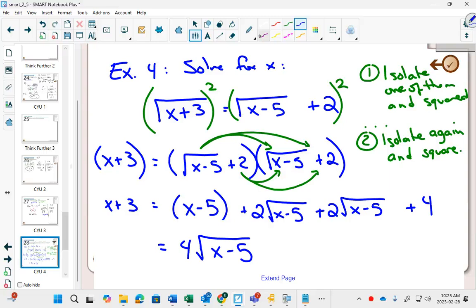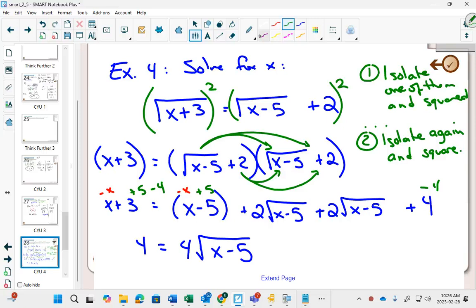The 5 would also have to move to the other side. So maybe it would be good that I show I added 5, I added 5, I subtracted 4, I subtracted 4, and I subtracted X and subtracted X. Perfect.